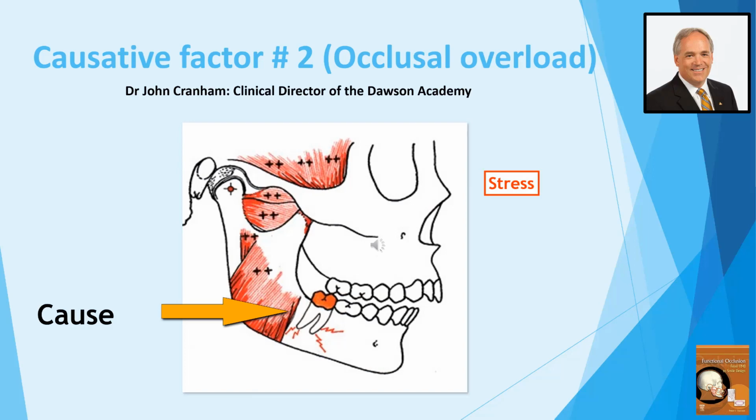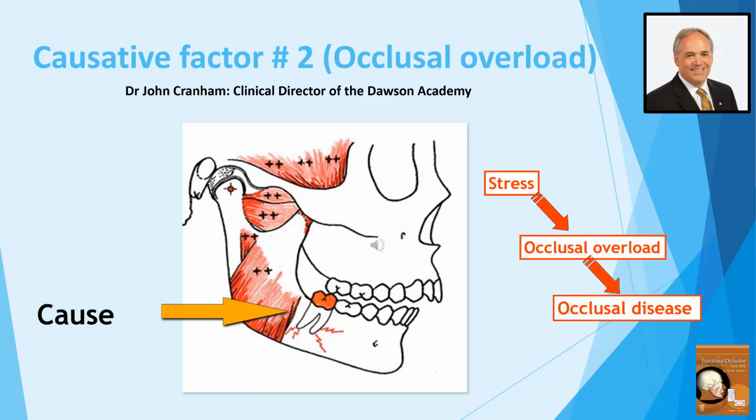Not stress like I hate my mother. I'm talking about force, all right? I'm talking about force generated from muscle activity. So stress is going to equal occlusal overload, which is going to lead to what we're going to determine or call occlusal disease. And this is a concept that I really didn't start understanding till getting out in school, but there are people out there that will have the propensity to tear up your work.